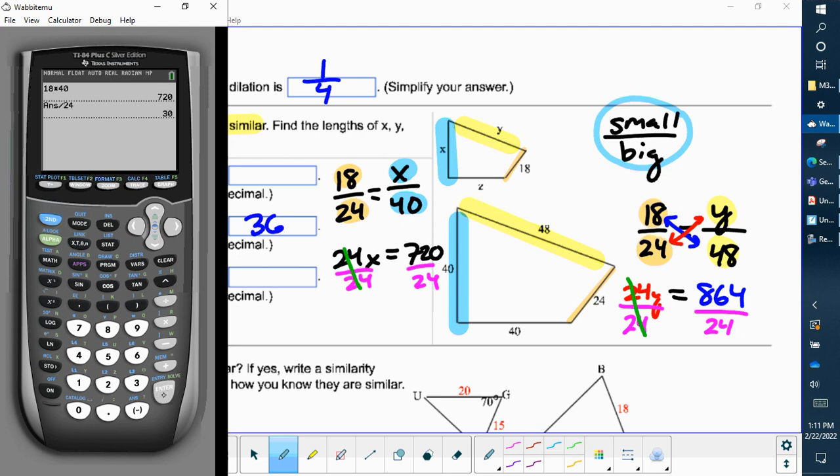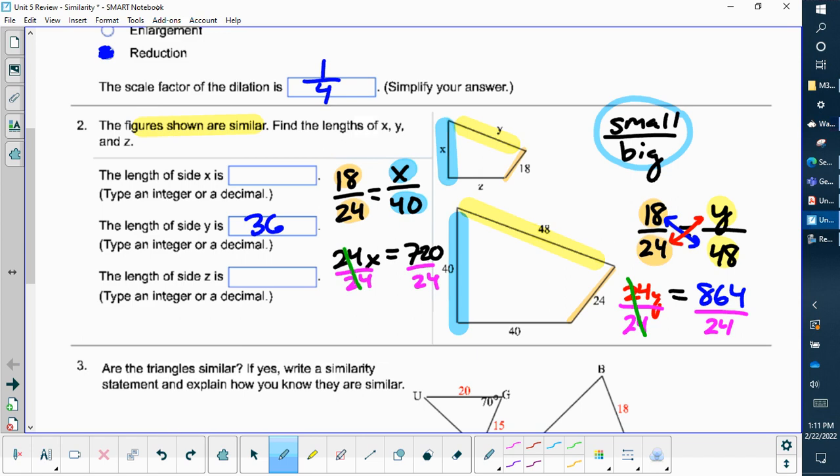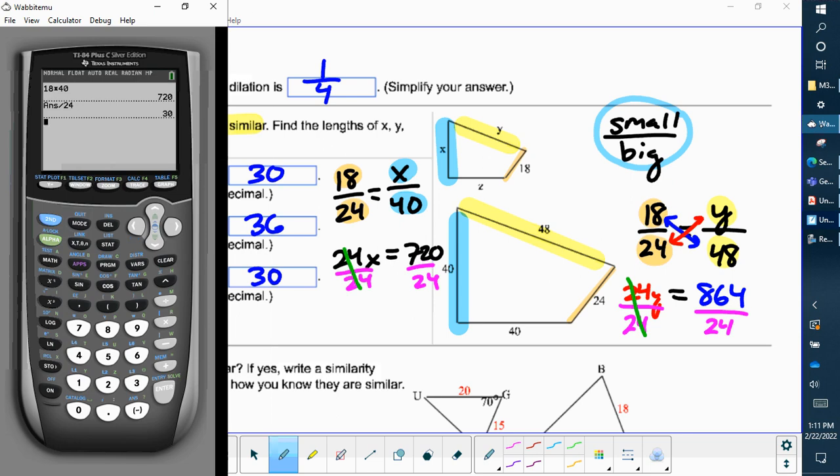Now, there is another way I could have done this. 30 and 30. I could have also figured out what the scale factor is, like what is 18 divided by 24 as a decimal. You might like this better, so I have to use a calculator for this. 18 divided by 24 is my scale factor, 0.75. And I could literally just multiply. What's 48 times 0.75? 36.